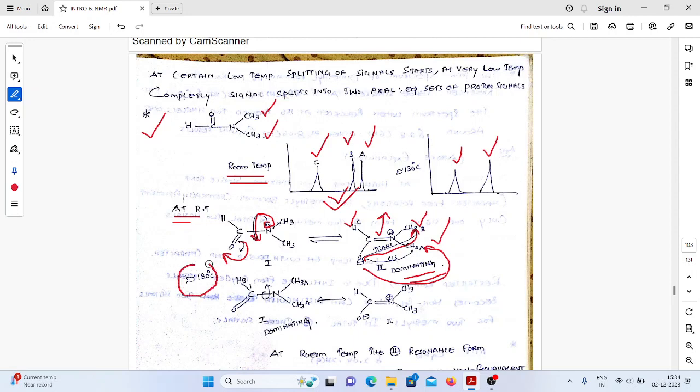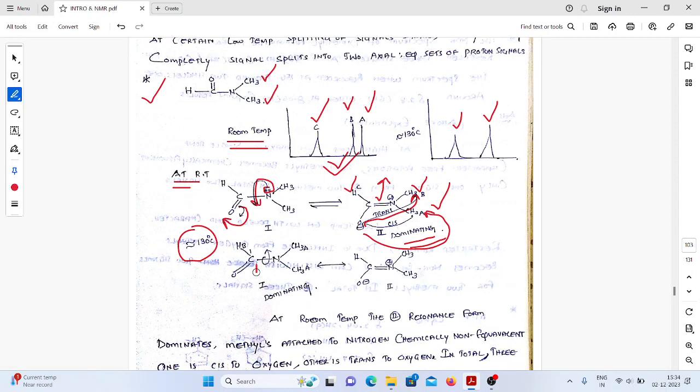If you increase the temperature to 130 degrees centigrade, what is happening? The carbon nitrogen single bond rotations are increasing. As the rotations continuously increase, the lone pair electrons on the nitrogen atom cannot be involved in conjugation with the pi bond.